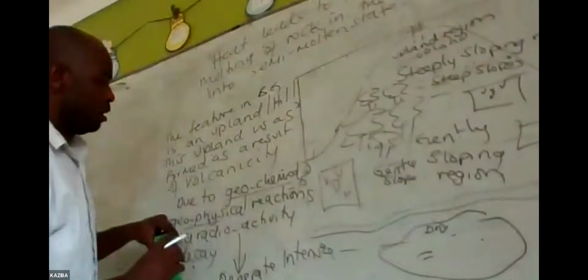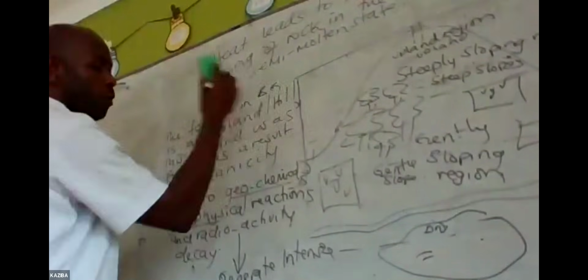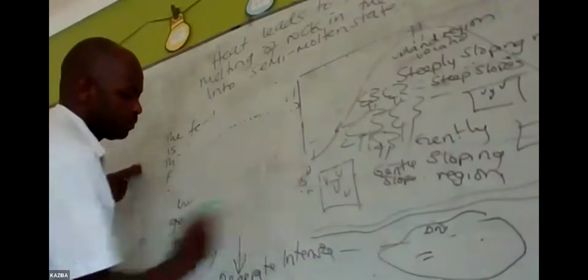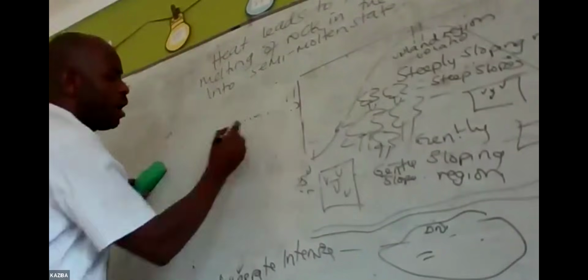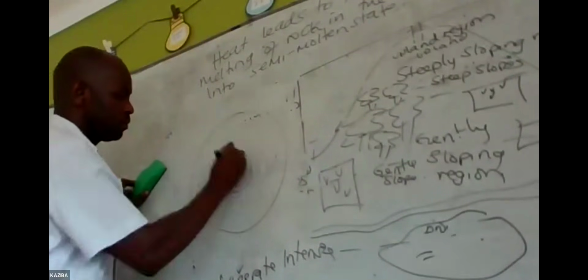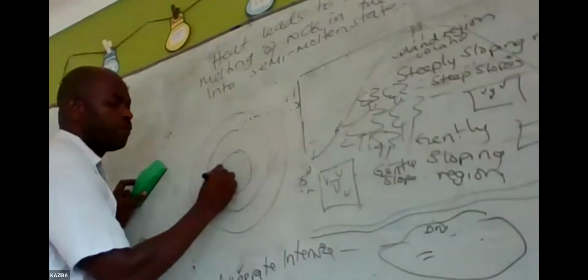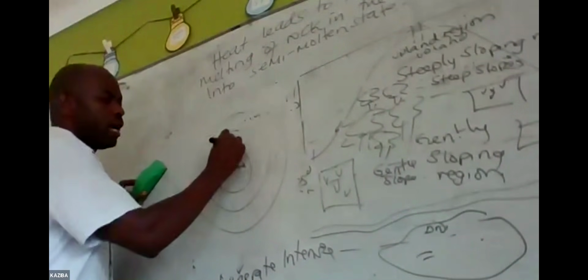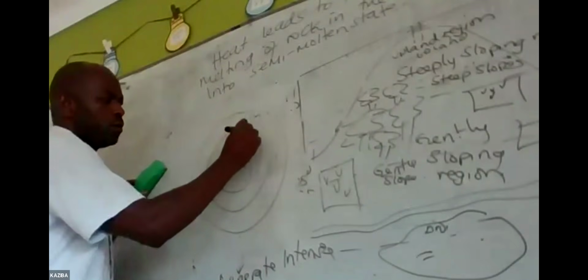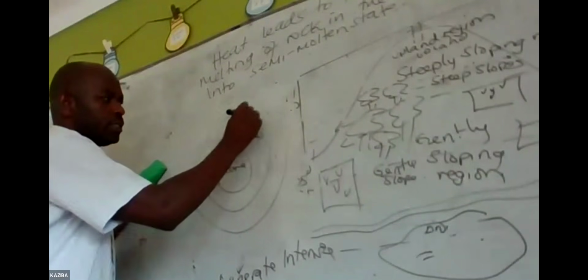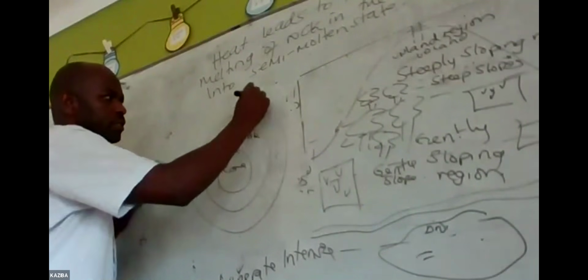Look here. Now I'm going to remove this. I'll repeat. It's too much to explain volcanicity only. So you have this as the core, this as the mantle, this as the crust, and this as the surface.